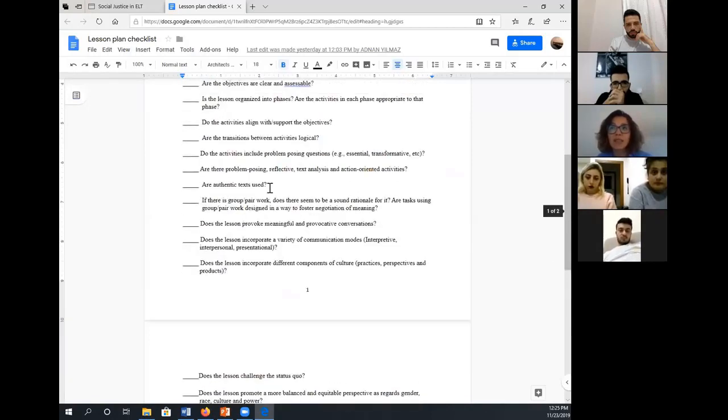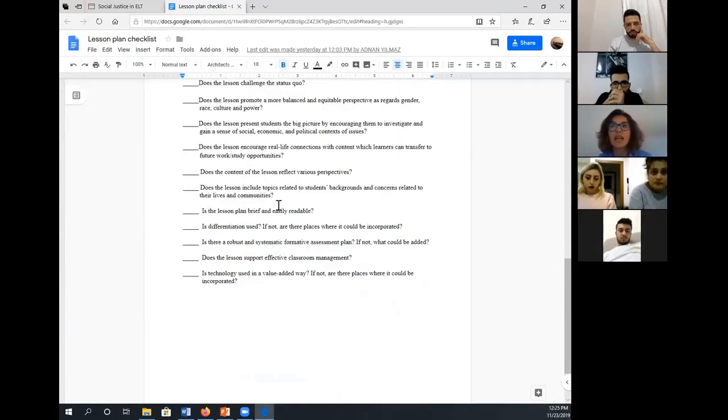Are there any authentic materials used, etc.? So you don't need to address all these questions here, but these questions are good in terms of guiding you into the lesson plan process. Like, have I met the requirements of this lesson plan, or are there things that I still need to figure out? We don't expect you to complete the checklist for each lesson plan. This is just for guidelines.